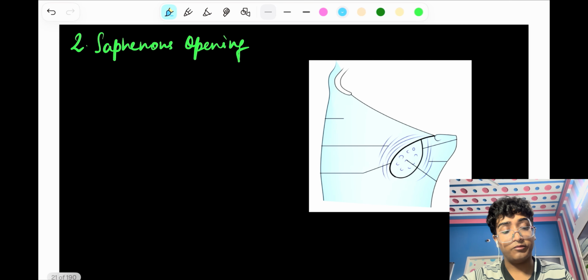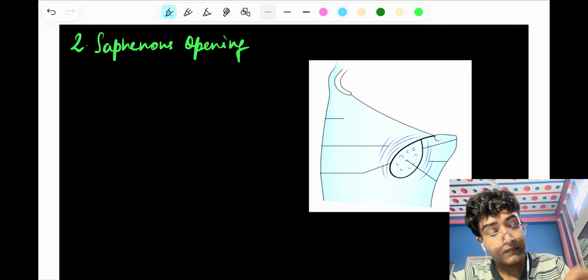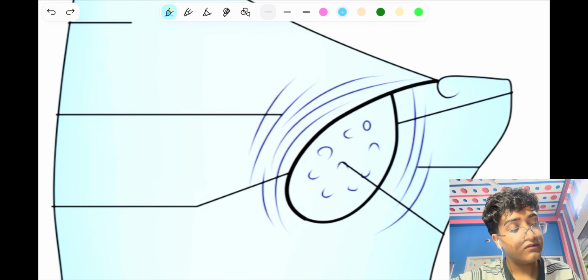Next is the saphenous opening. See here, this area is the saphenous opening.